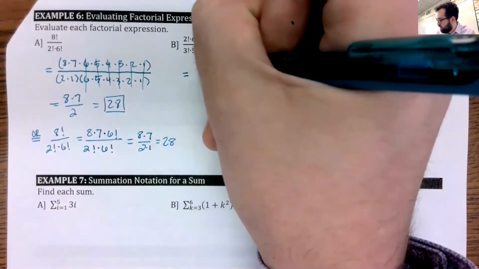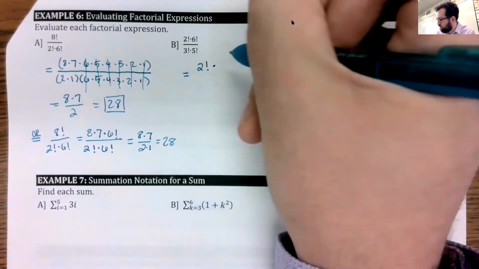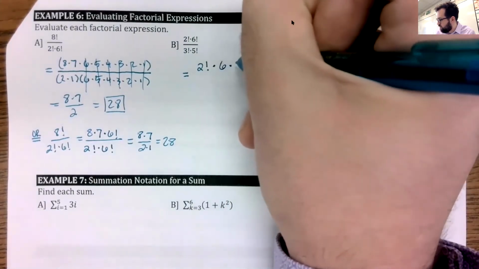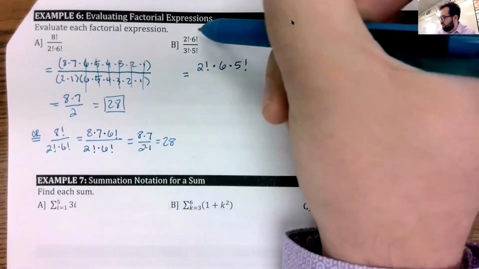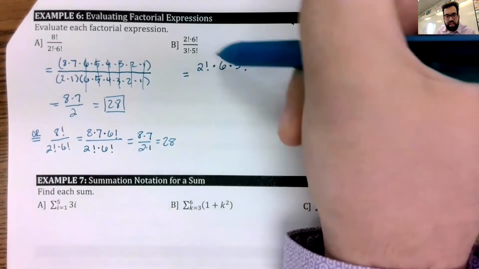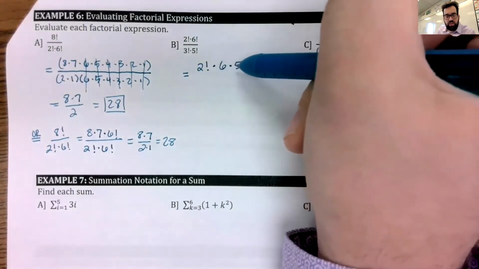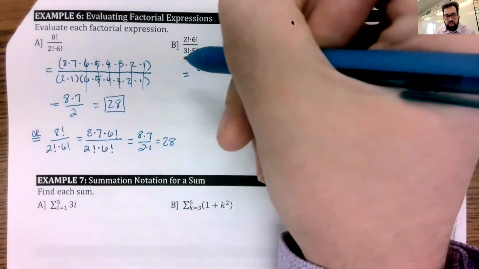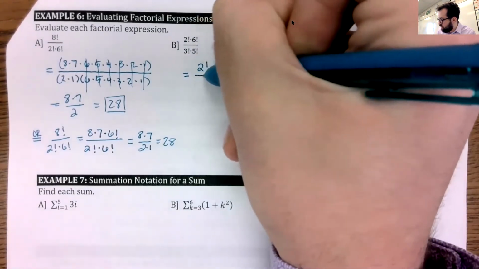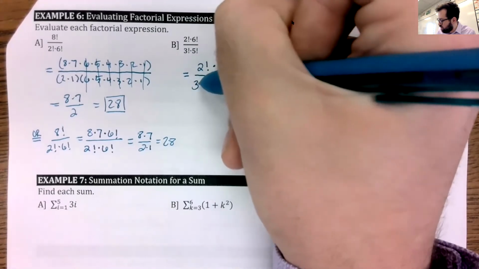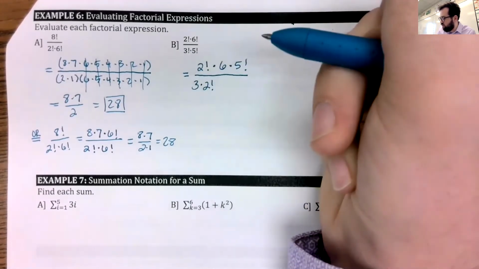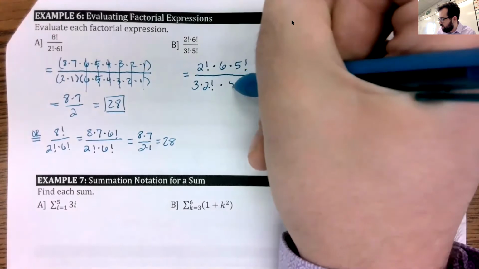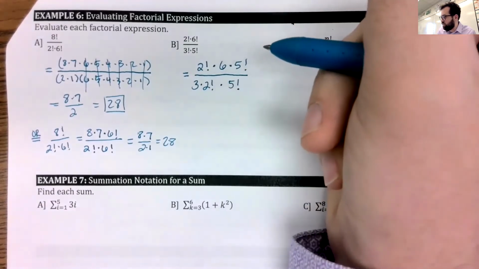So I'm going to write 2 factorial times 6 times 5 factorial. That's breaking down that 6 factorial into two terms. And on the bottom, I'm trying to get that 3 factorial to look like a 2 factorial. So I'm going to change it to 3 times 2 factorial times 5 factorial.